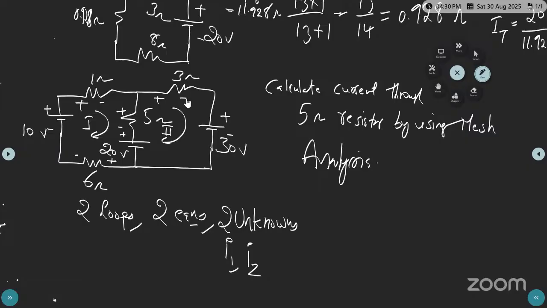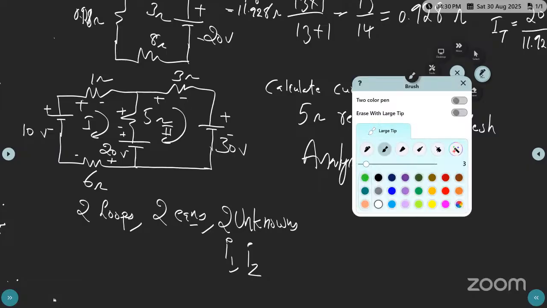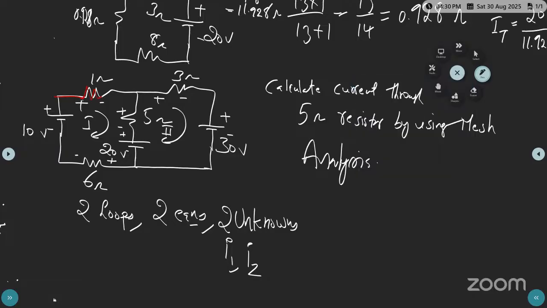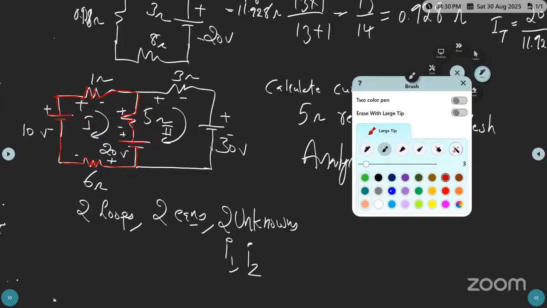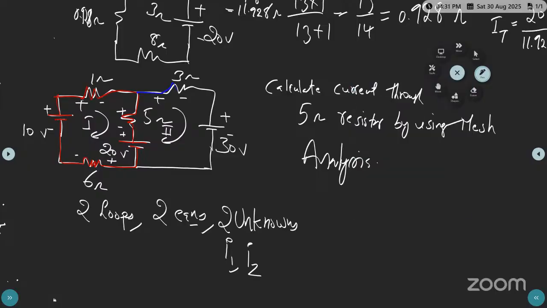Assigning is over. Now here, which are the individual elements, and which are the common elements? See here, this is loop 1 I am drawing now. Loop 1. Loop 2. Here 2 colors are overlapping.